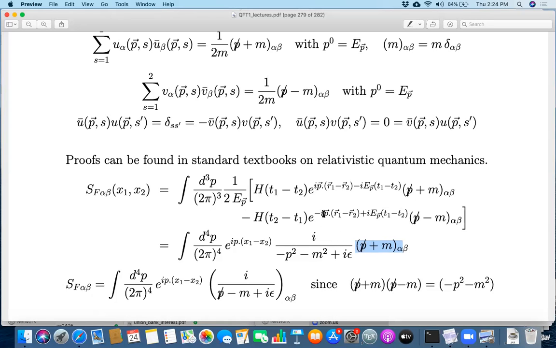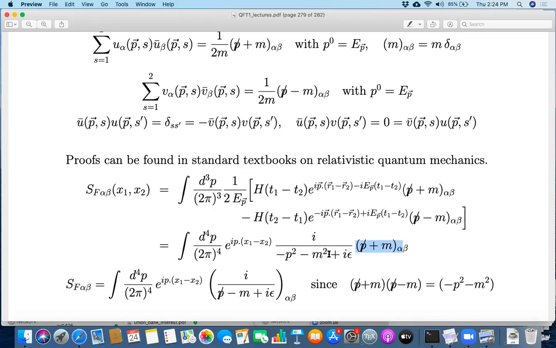So that change of variable, p vector to minus p vector, is necessary in going from here to here. And then you get basically minus p slash plus M, which becomes p slash minus M with a minus sign. So this expression over here is exactly this, after you do the p0 integral. Please try to check this explicitly.